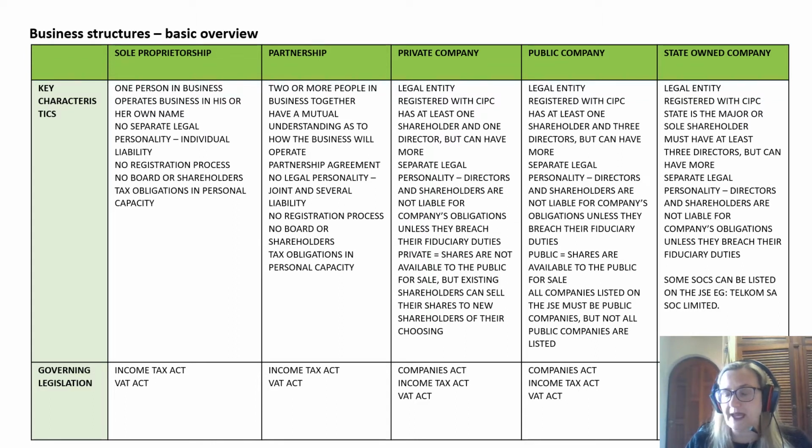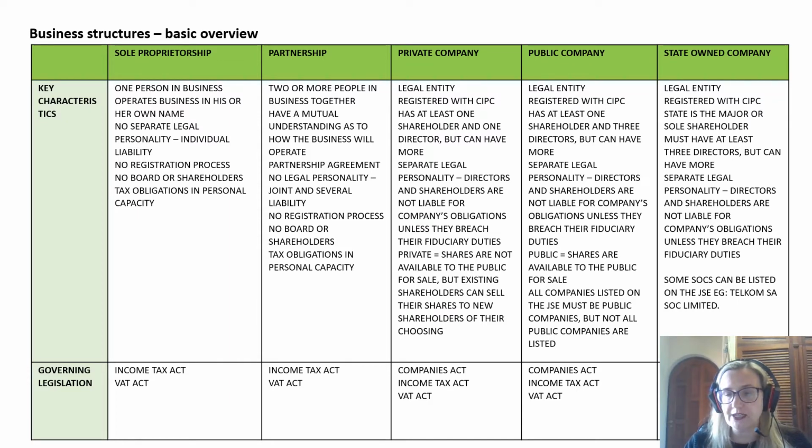Now that's absolutely fine if you're a small business, but you can imagine that could be quite constraining if your business grows. So the next step in a growing business might be to have a partnership. This is exactly like a sole proprietorship, but two or more coming together to do exactly the same thing but together.